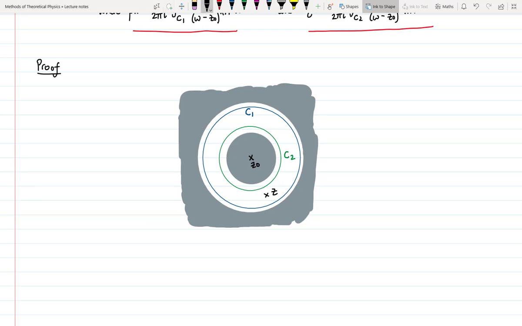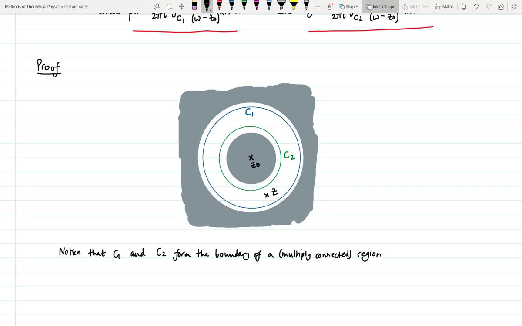Now notice that this setup looks very similar to what we had in topic 5 when we were looking at multiply connected regions. We notice that the circles C1 and C2 form the boundary of a multiply connected region.